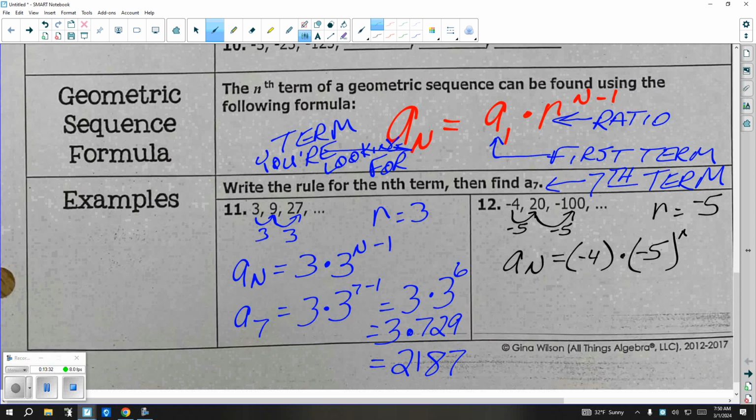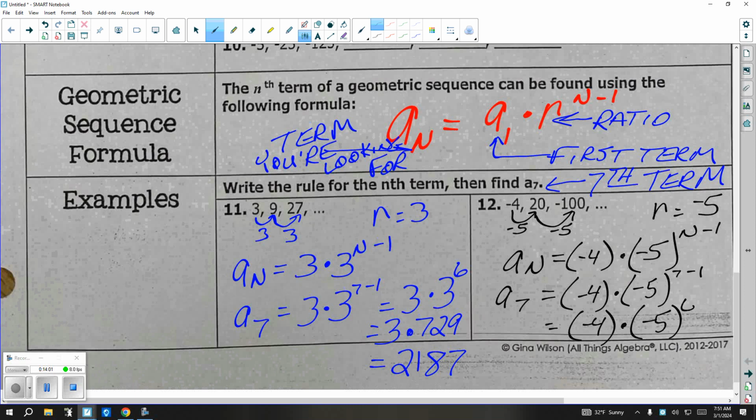And then it says find the 7th term. So the 7th term is going to be -4 times -5 to the 7 minus 1. So it's going to be -4 times -5 to the 6th.